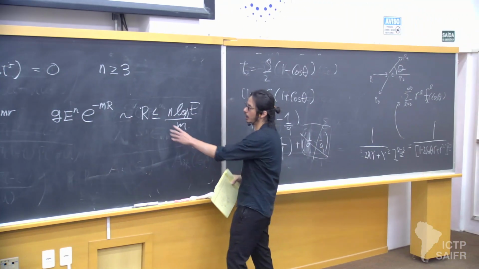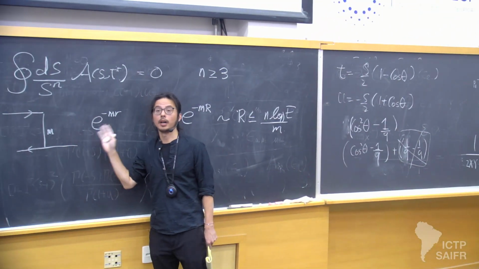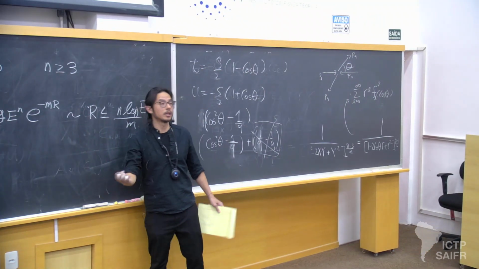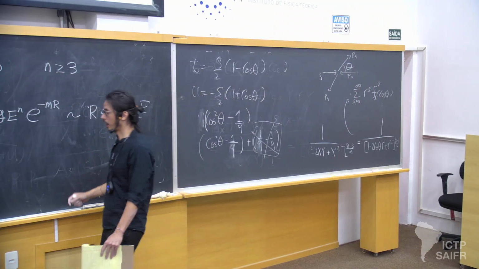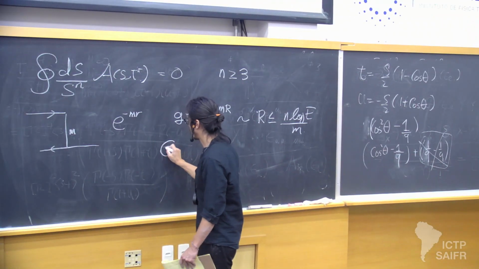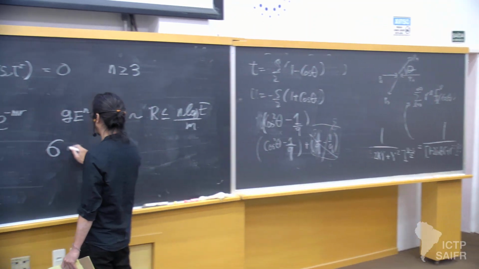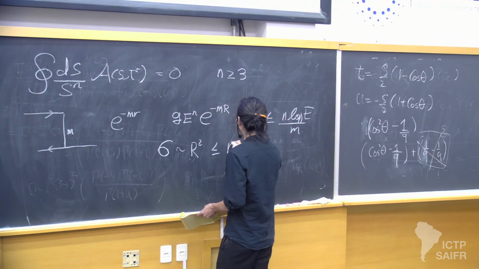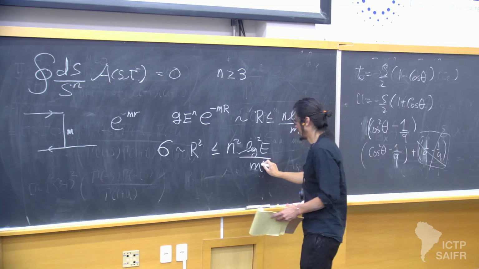Okay, only for r smaller than this region is there really a sizable interaction. For r bigger than this region, because of this exponential suppression, there's really no sizable interaction at all, or things will shut off. Therefore, that tells you that your cross section, which is supposed to be proportional to r squared, has to be bounded by n squared log squared s over m squared.